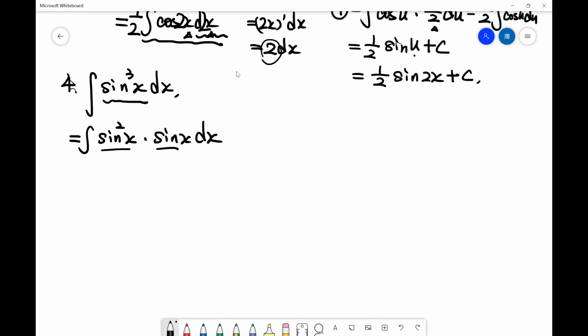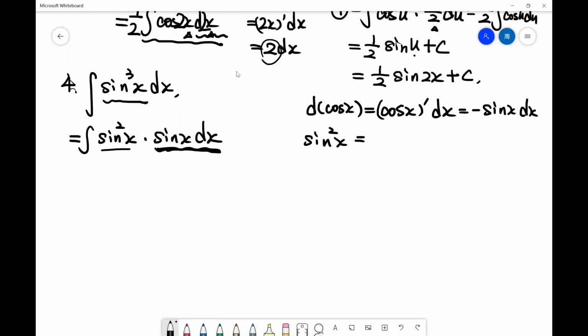Okay, because here, sine x dx, if you are very familiar with the formula, you should know that d cosine x equals cosine x prime dx, right? So that is minus sine x dx, right? And sine x squared equals 1 minus cosine x squared, right?